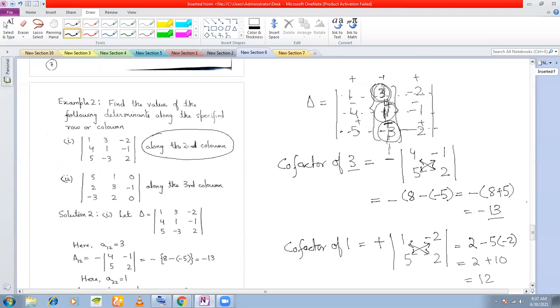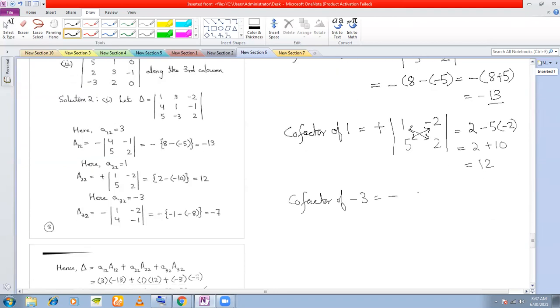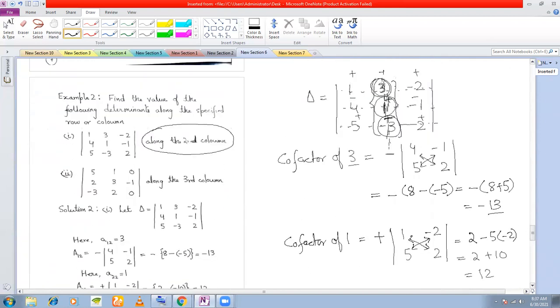What are we left with? 1, -2, 4, -1. This is minus of, you multiply these two: 1 into -1 gives -1, minus 4 into -2 gives -8, so this becomes minus of -1 plus 8. 8 minus 1 is 7, so you'll get -7. Once we have found the cofactor of each element along the second column, we can find the value of this determinant along the second column.